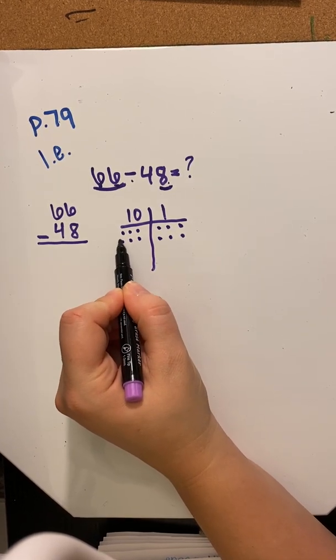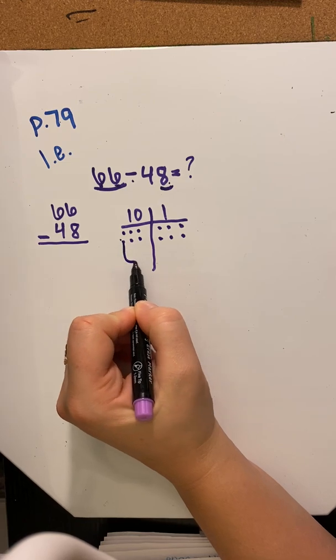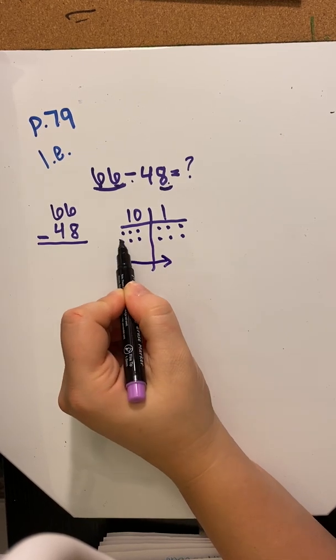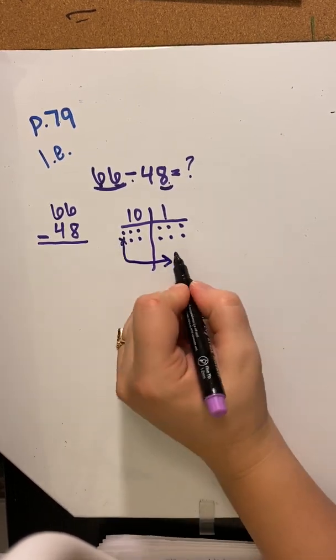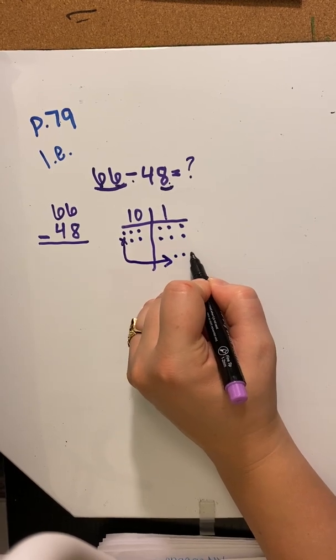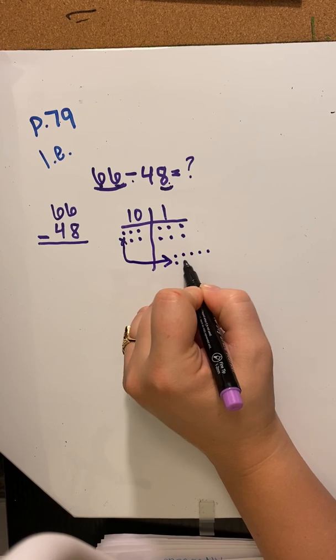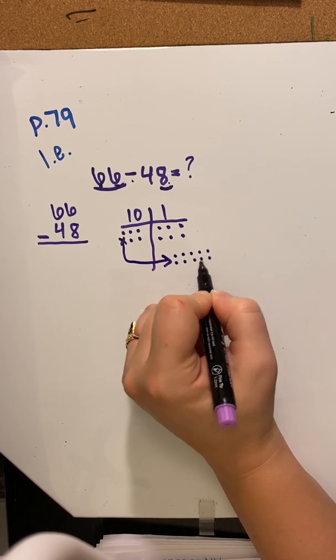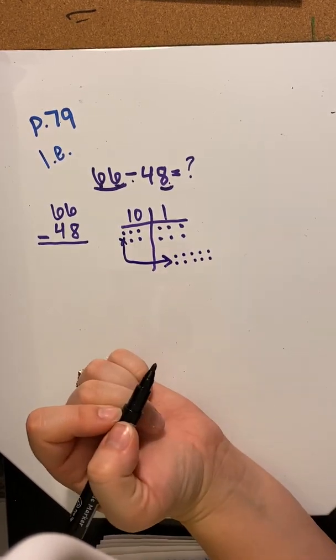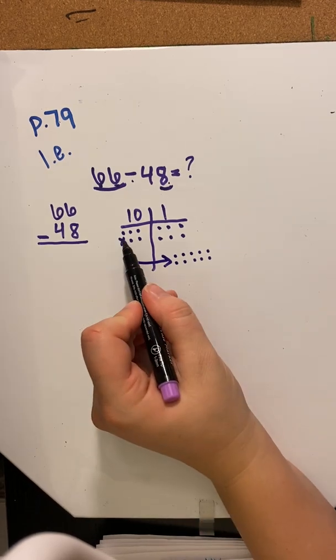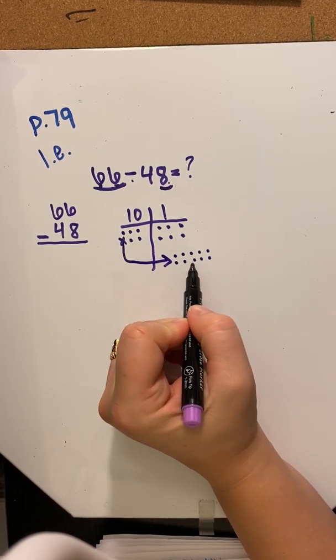So we're taking this whole ten and we are moving it here. Okay, so now we have 10. 1, 2, 3, 4, 5, 6, 7, 8, 9, 10. So now we have our 10 over here that we just took from over here.